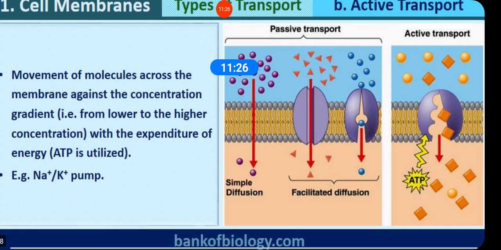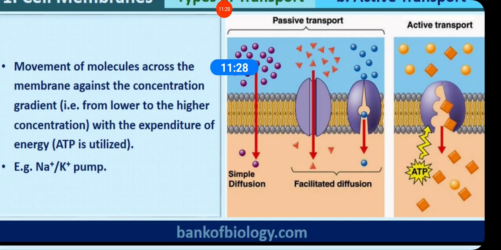Now, what is active transport? It is the movement of molecules across the membrane against the concentration gradient, that is from lower to higher concentration, with the expenditure of energy, where ATP is utilized. It occurs for a few ions and molecules, for example the sodium ion and potassium ion.